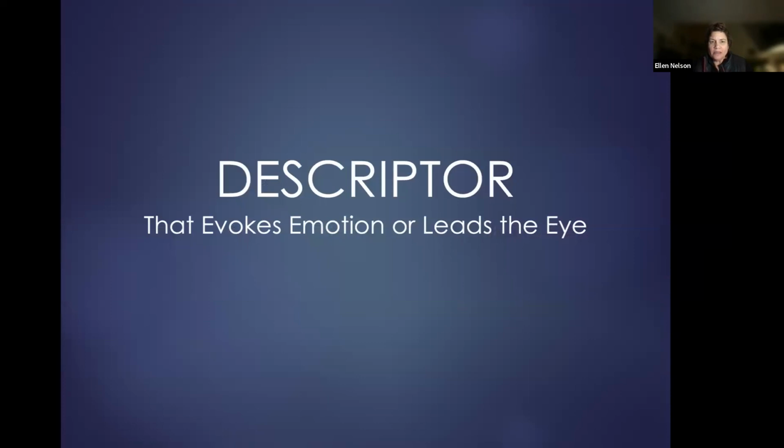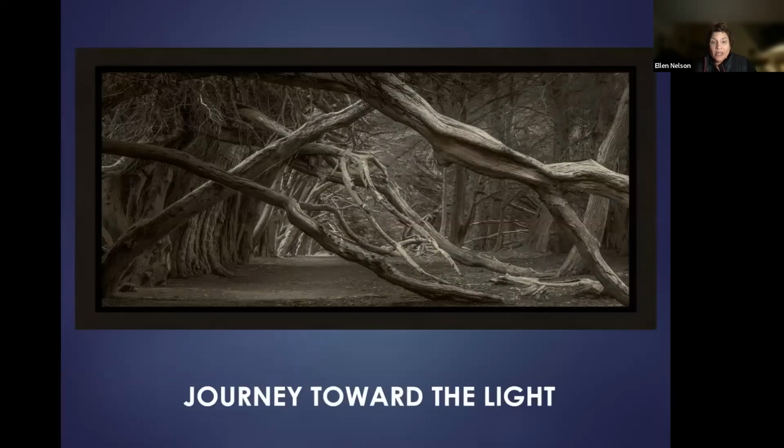Other types of titles can be descriptions, or it can evoke emotion or lead the eye. This photo actually, typically in a classic photo, you really don't want the light to be in the background like that.